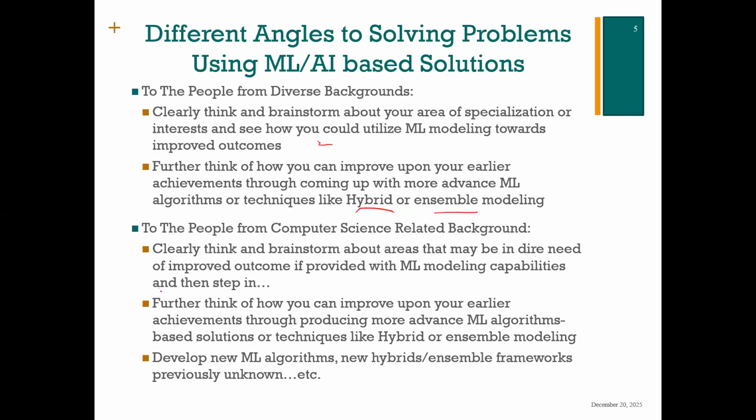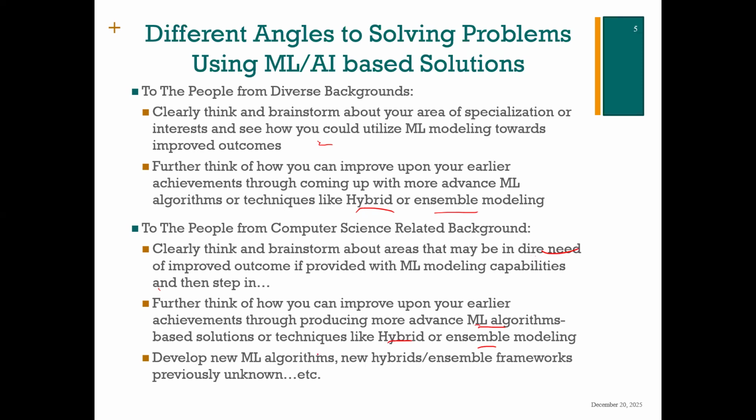After you are done with that, you further think of how you can improve upon your earlier achievements. Whatever you have achieved here, think of how you can improve upon it, either through producing more advanced ML algorithms or hybrid ensemble modeling. Thirdly, you can also develop a totally new machine learning algorithm, not an existing one.